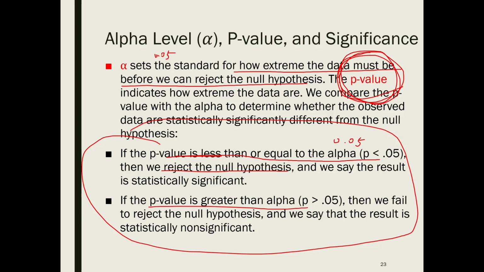The alpha level is 0.05 or 0.01, and sometimes you will see 0.001. It's just a common convention. You can't really explain why we use 0.05 and not 0.04 or 0.03 or 0.06.